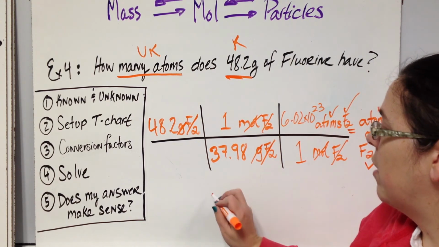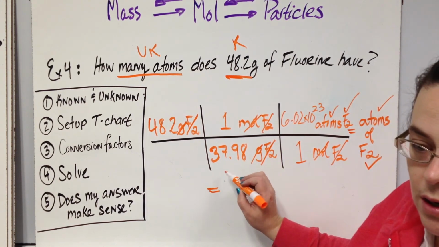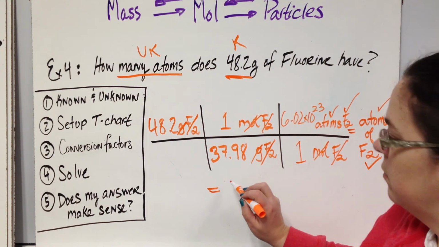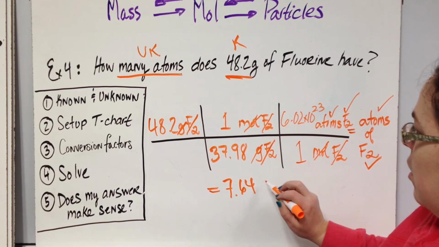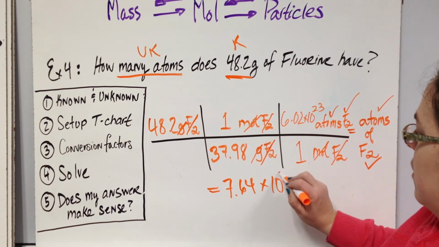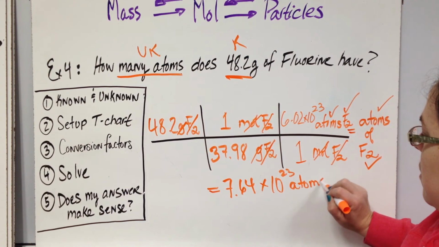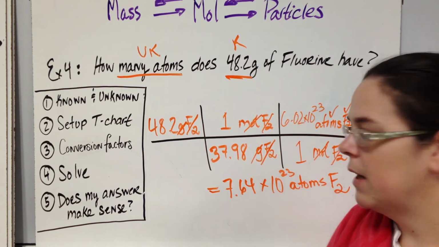And when I solve that on my calculator, when I hit enter, I'm going to come up with 7.64 times 10 to the 23rd atoms of F2. And that is my answer.